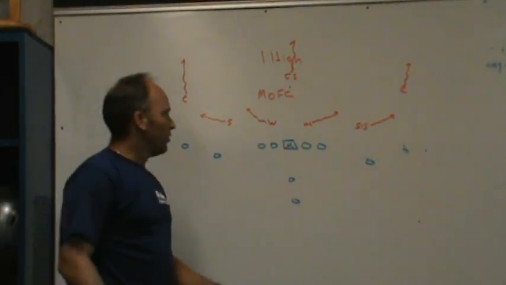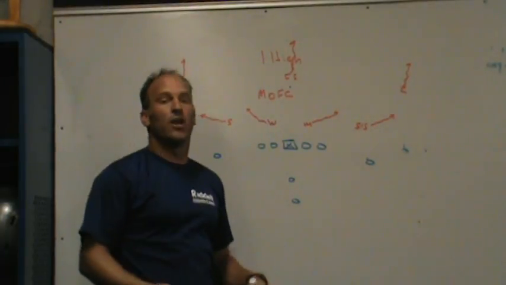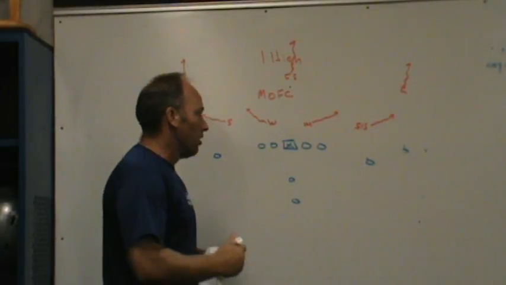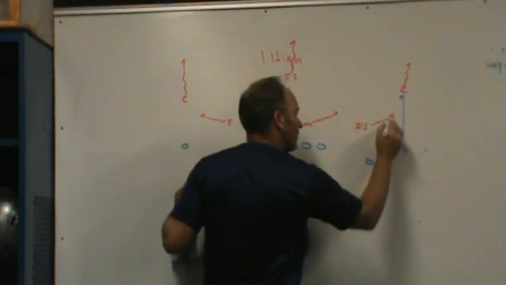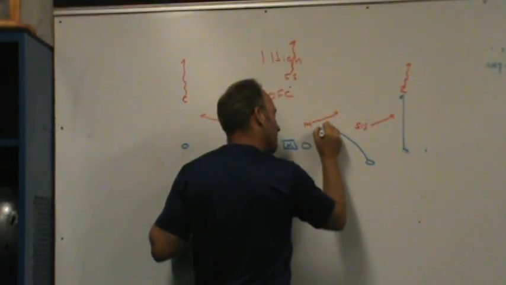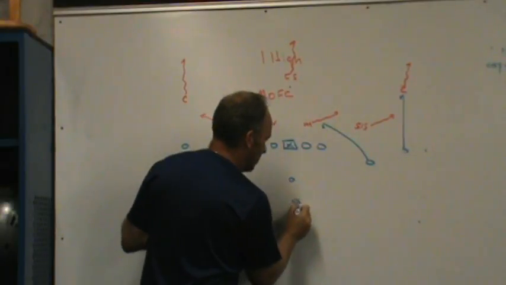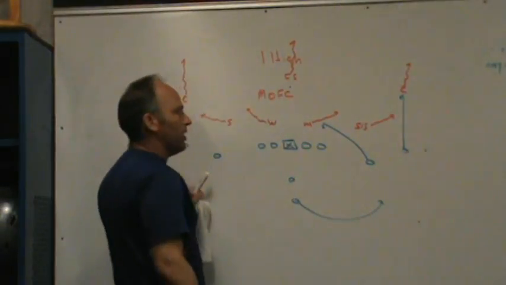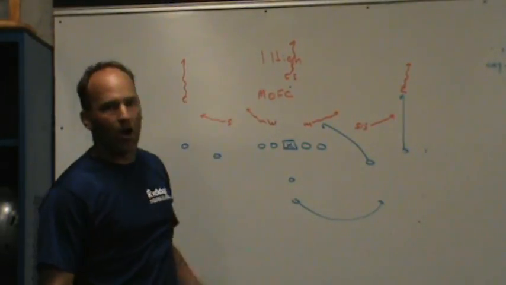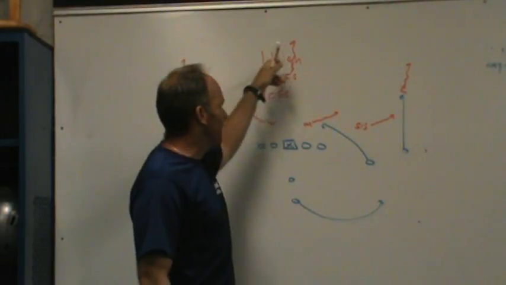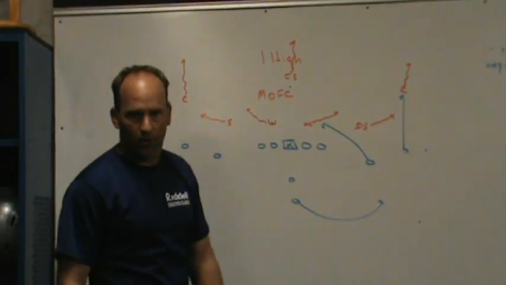So now, when we see the 1 high structure and we run the curl play, we think, this is almost the exact coverage the play was designed for. Now we've got everything we want. Because it's a 1 high structure, there is no robbing the post-dig curl. That kid cannot help the curl route for the corner.